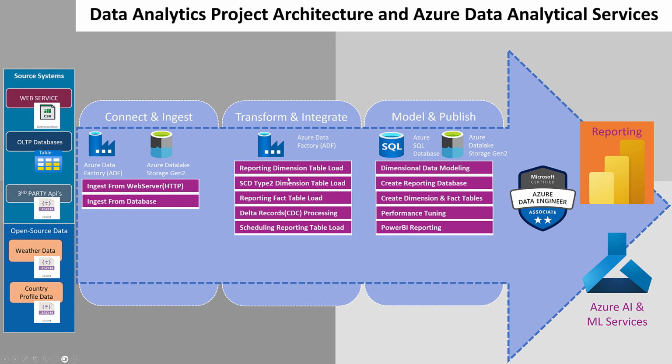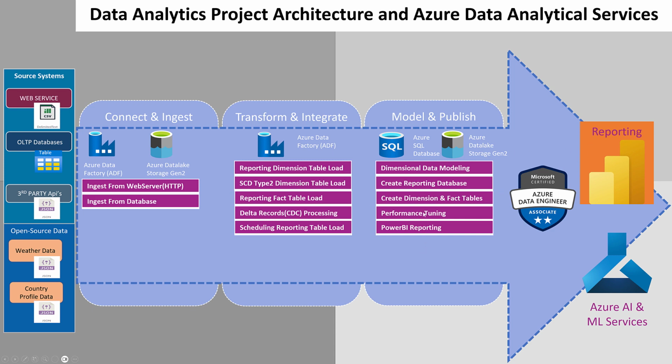There are different types of dimension tables, and delta records processing deals with processing only the new records coming on a daily basis, and we need to run these pipelines on a daily basis. So we need to schedule these transformation pipelines daily. So these are all the tasks involved in building our reporting layer.